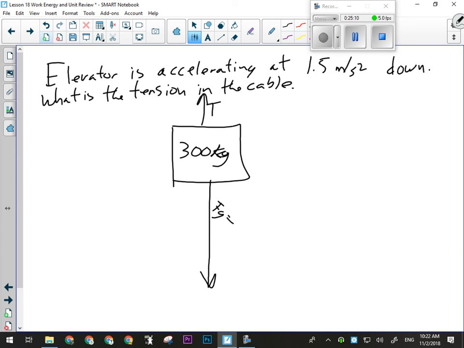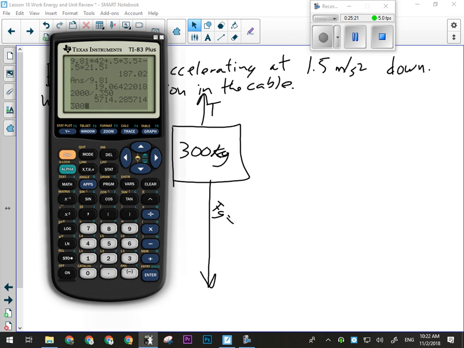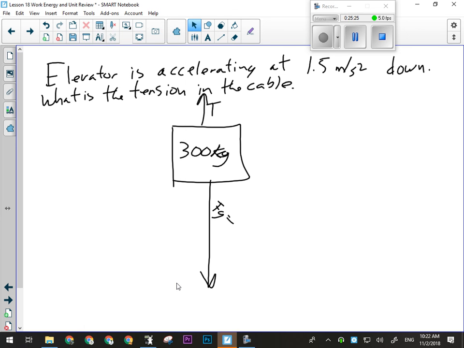What can I calculate right now? I can calculate FG: 300 times 9.81. So FG is 2,943 newtons.